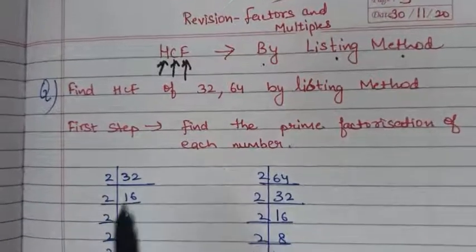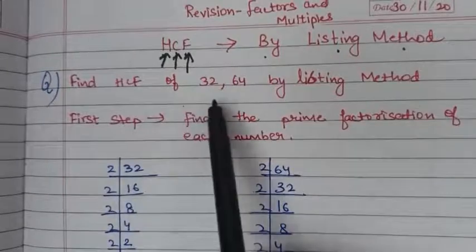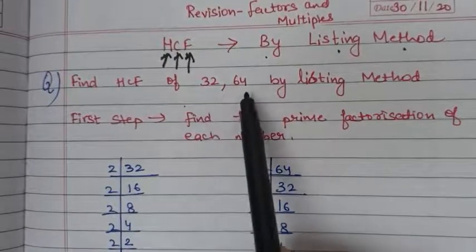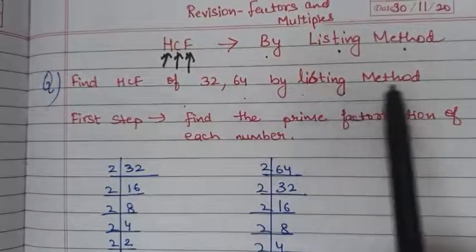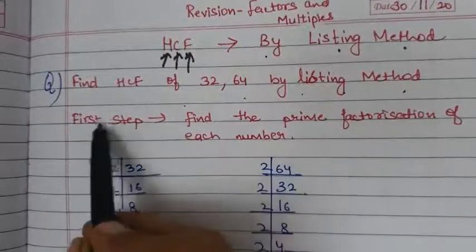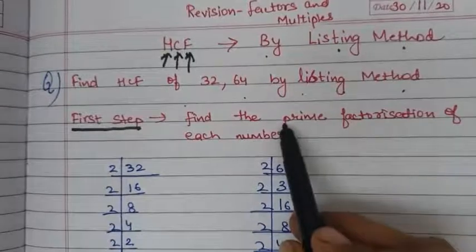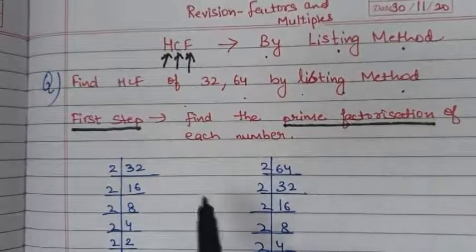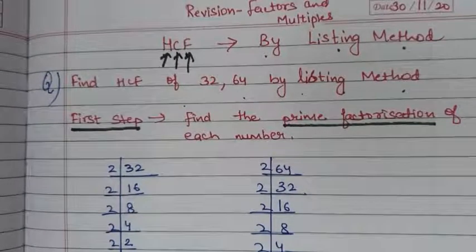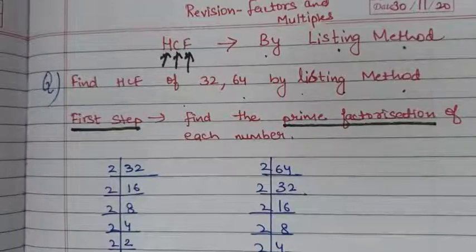We have to find the HCF of 32, 64 by listing method. Your first step is find the prime factorization of each number, which we have discussed right now.